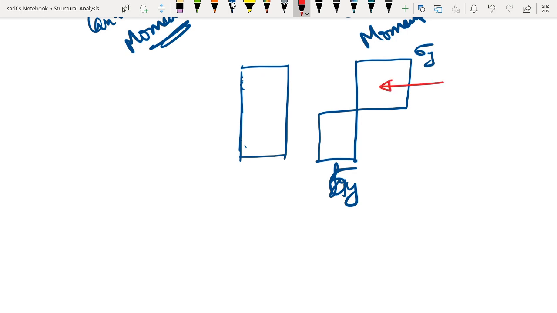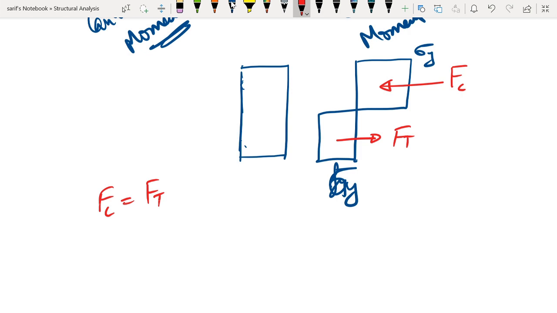For example, the force in compression should be equal to the force in tension. That is, the force equilibrium has to be satisfied for the cross section.